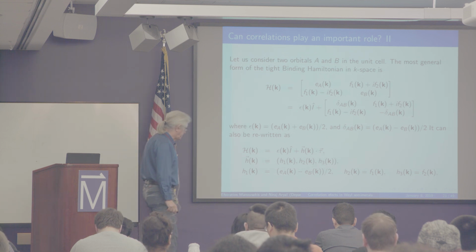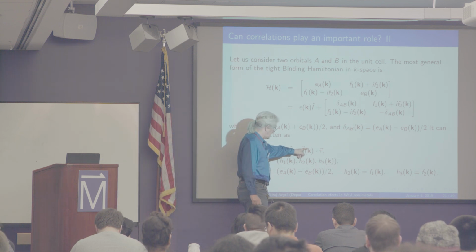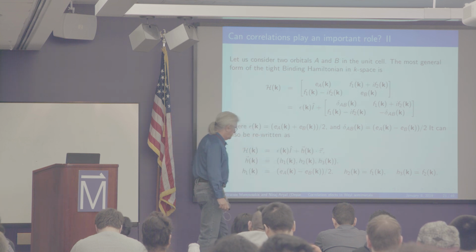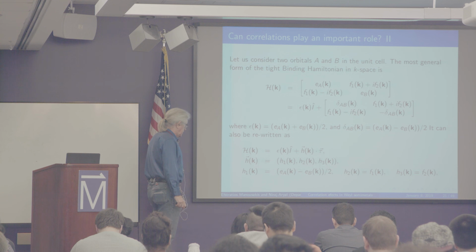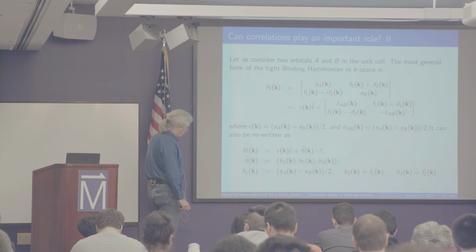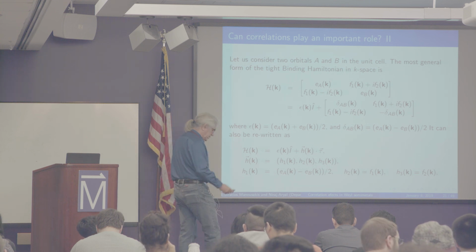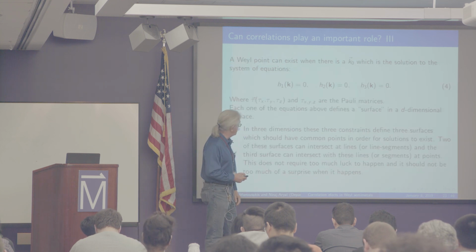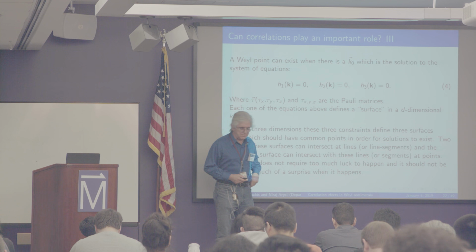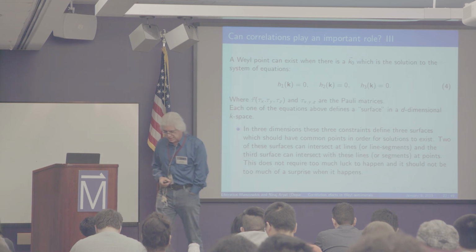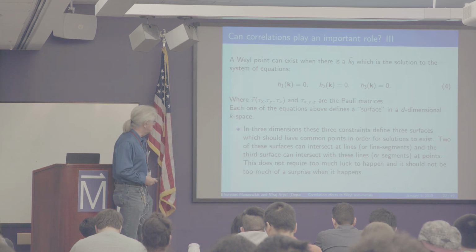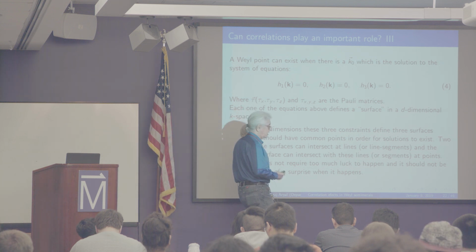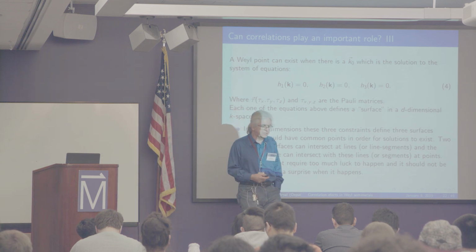fermion. If you linearize near the zeros of this, this thing has to have zeros in order to get Weyl particles. And if you happen to have zeros, and this is possible, this has three components, it's a vector, so you have to make all three components zero at the same time. We said this kind of accident, to find non-zero solutions to three equations with three unknowns, the unknowns being kx, ky, kz, is quite possible.